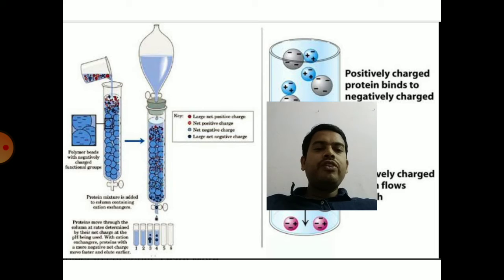For example, if you want to separate positively charged proteins from negatively charged proteins, positive charge means cations, so you will use a cationic exchanger. Cations have positive charge, and the cationic exchanger has negative charge. If you want to separate anions, which are negatively charged, you use an anionic exchanger, that means a positively charged exchanger.